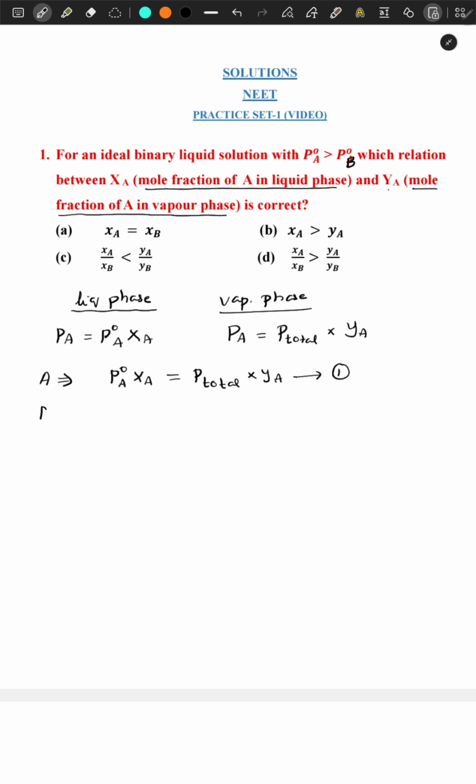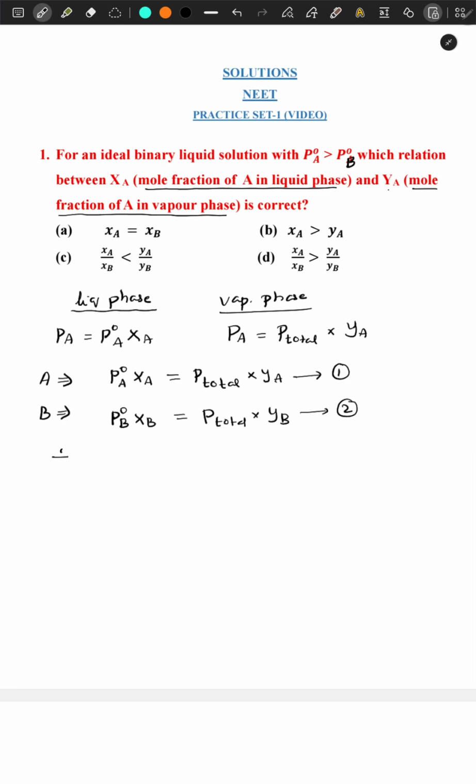Similarly, for liquid B, or component B, you can write the same type of equation: P0B chi B is equal to P total into YB. You call that equation 2.